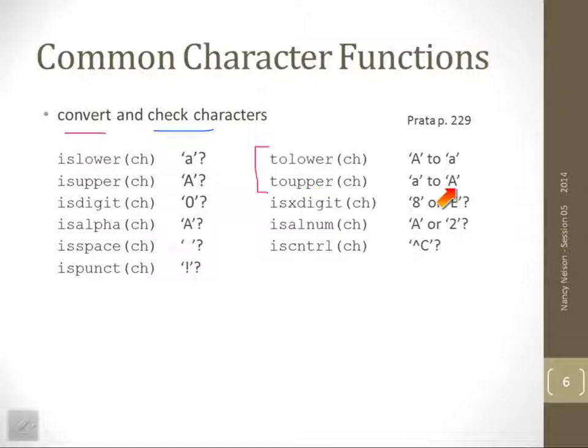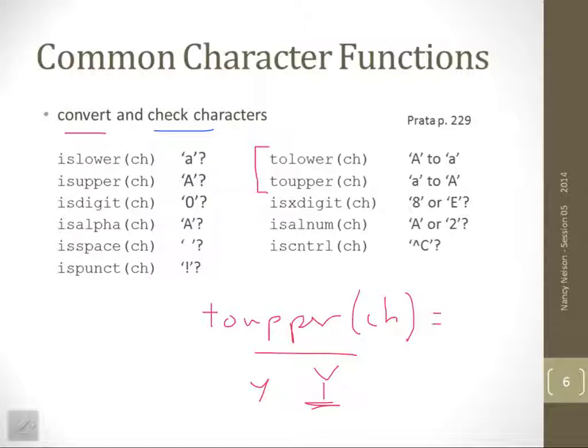These are particularly useful to us if we want to do a comparison for the user, for example. So maybe they're entering a yes or a no answer. So what we can do is say, let's use toUpper. We want to take that user input, which is ch, and regardless of whether we type a y or a capital Y, it's going to convert it to an uppercase letter. So I'm always going to have an uppercase.